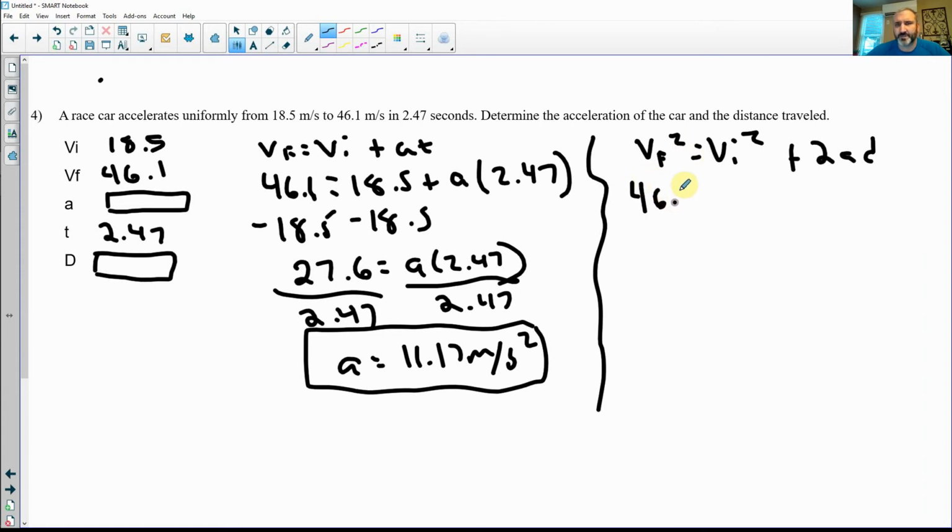So 46.1 squared equals 18.5 squared plus 2 times 11.17 D. I'm just rounding down here.